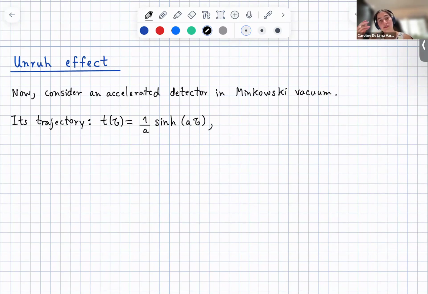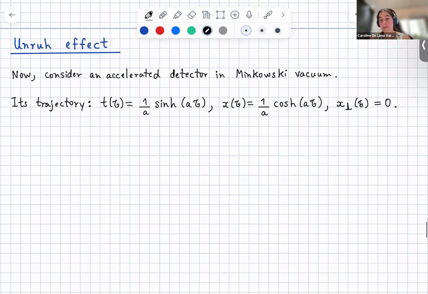Now I'll choose one direction, for instance, that I'll call X. And in that direction, the trajectory will be 1 over A times hyperbolic cosine of A tau. And in the other directions, I'll just keep it at the same position, so I'll just say that it's going to be 0.